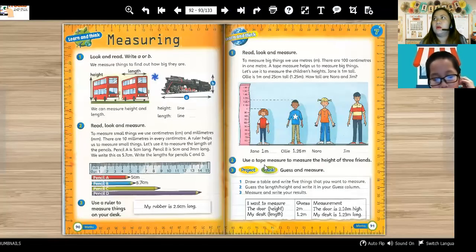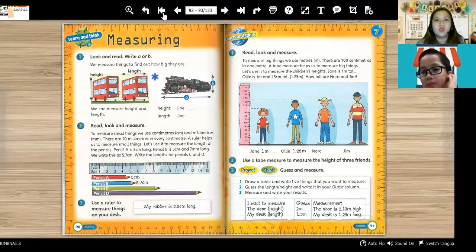So again, when we say length, you measure how long an object is, and you learn there the different ways to measure, like the hand span, the foot span, and of course the cubit using your elbow and your hand. Okay, is it clear?